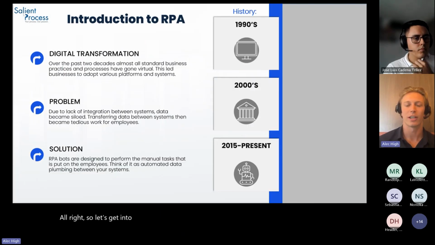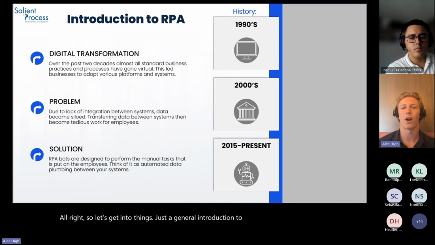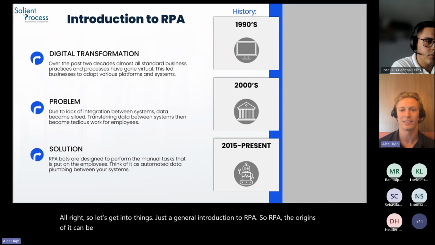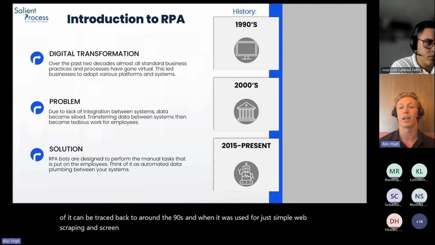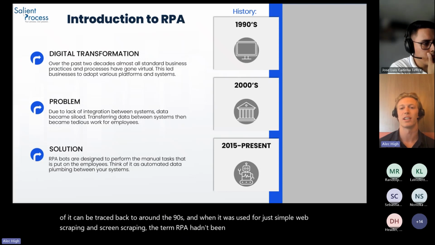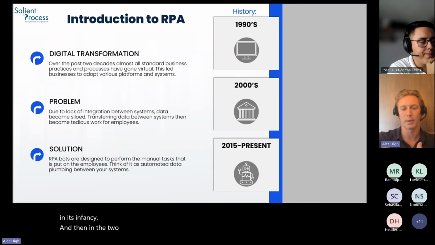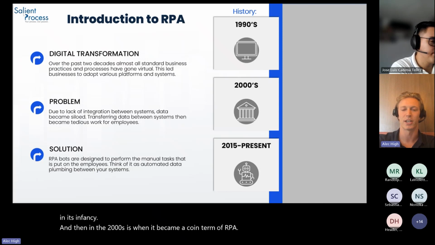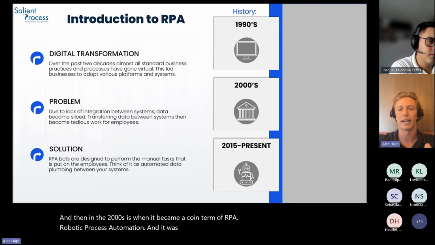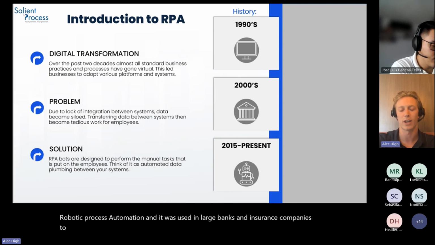All right, so let's get into things. Just a general introduction to RPA. The origins of it can be traced back to around the 90s when it was used for just simple web scraping and screen scraping. The term RPA hadn't been coined yet. It was in its infancy. And then in the 2000s is when it became a coined term, Robotic Process Automation, and it was used in large banks and insurance companies to do large data extractions.